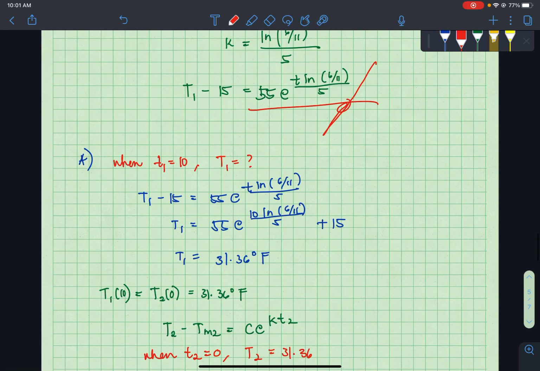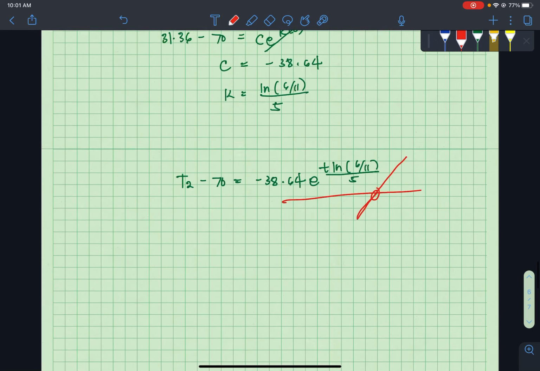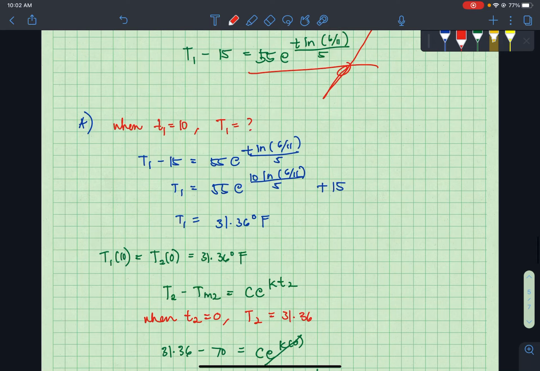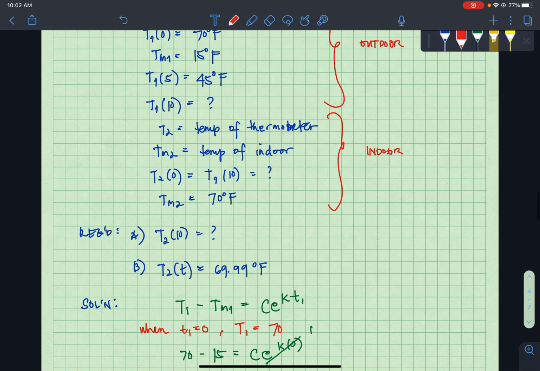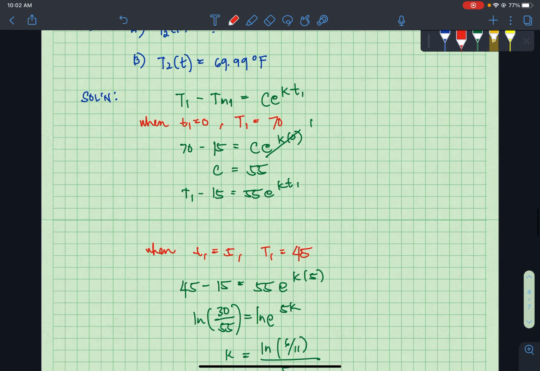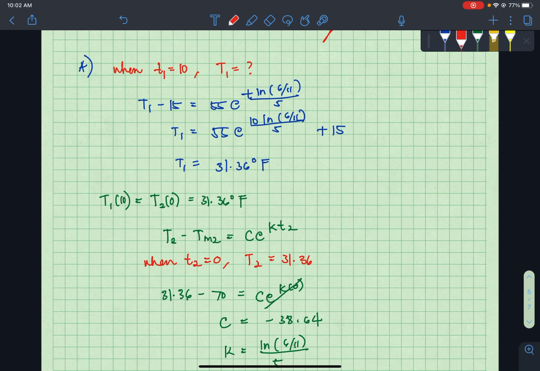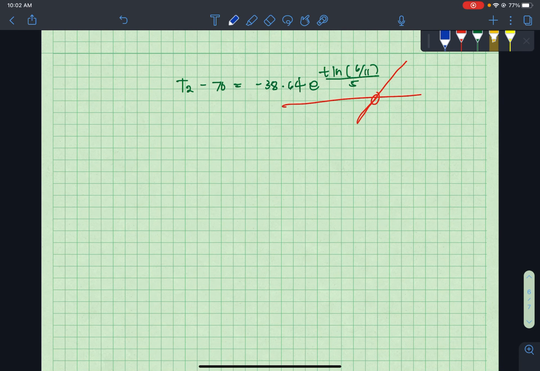So for our second formula, we need to find what would be T2 of 10, after 10 minutes that it was brought back. So when t is 10, what is T2?